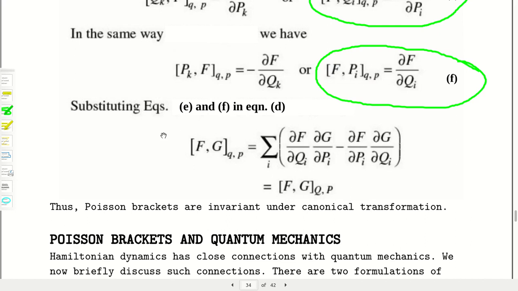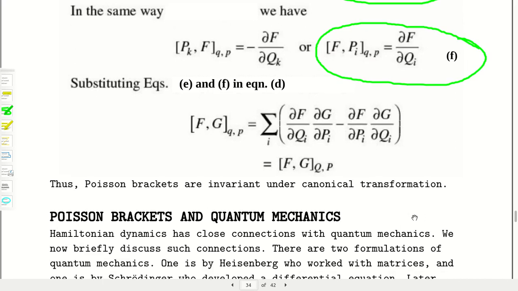So one can say that the Poisson bracket {Q, P} in the old coordinate system is equal to 1. This is again the condition for canonical transformation, which can be used in doing the mathematics.